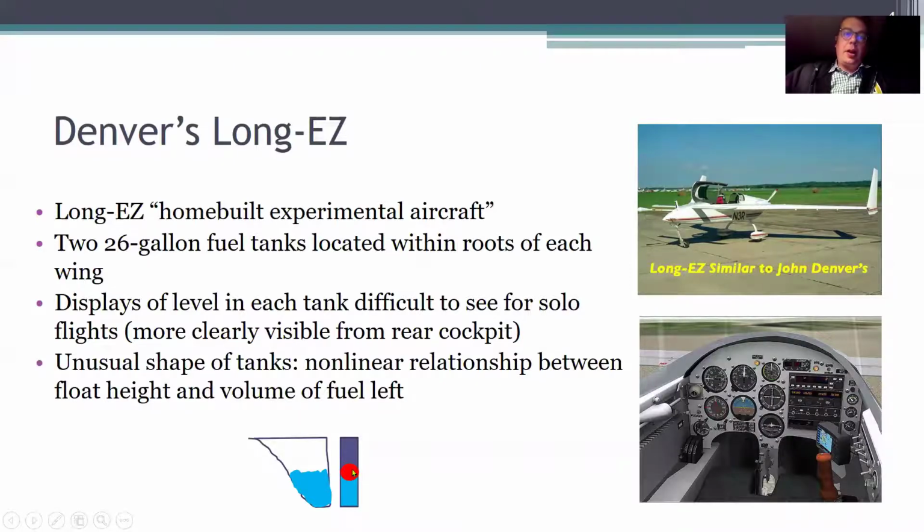This little red float would sit on top of the fluid and tell the pilot, you have half a tank, you have a third of the tank, or whatever. But recognize that it does not map to a linear consumption of the fuel. And so as we get closer to the bottom, it is potentially going to go much more rapidly.